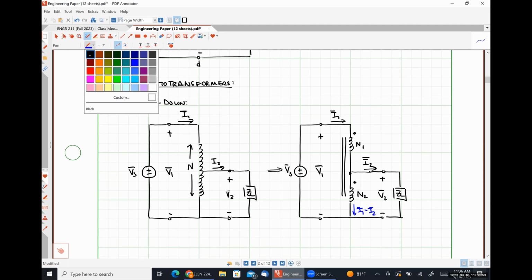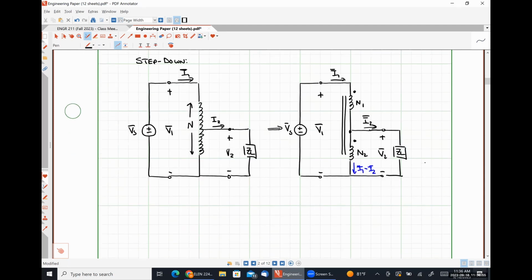So in order to figure out how this thing works, let's first define our voltage DC, which is just going to be the drop over this bottom half of our coil, right?